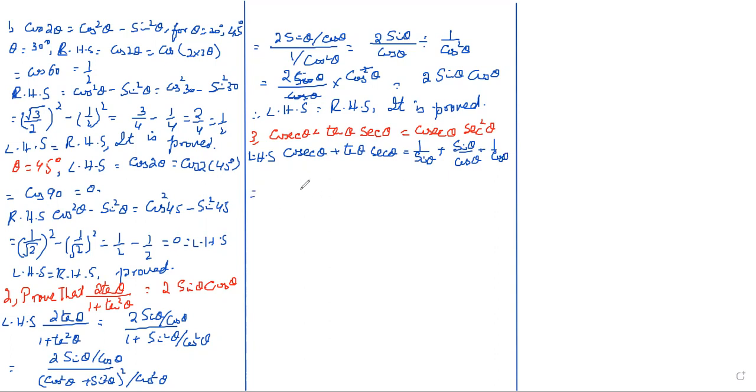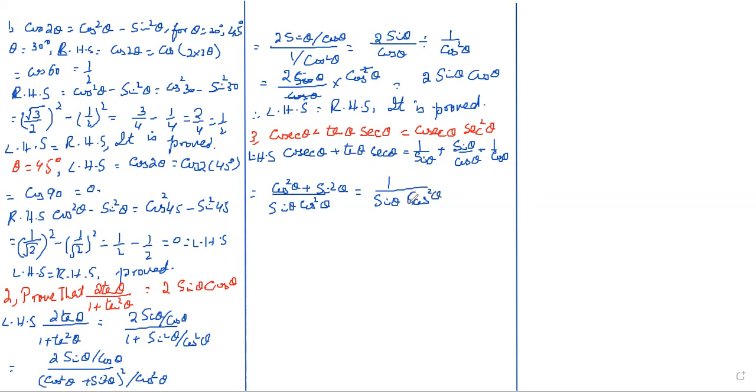So taking LCM, on the denominator it is sine theta into cosine square theta, and the numerator will be cosine square theta plus sine square theta.